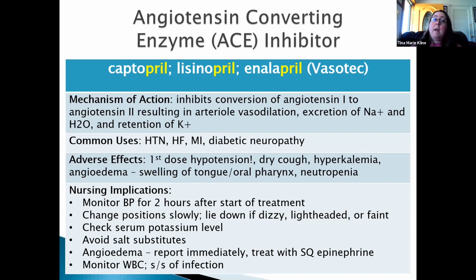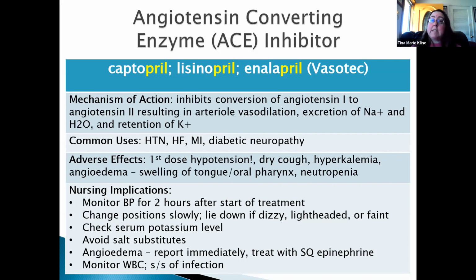The other big, big adverse effect that you need to be watching for, and again, this typically happens with new dosing or changes in dosing, maybe we're adjusting the dose up, is angioedema, which is the swelling of the tongue, the oral pharynx, and basically that can completely occlude your airway, and now it's almost similar to an anaphylactic shock.